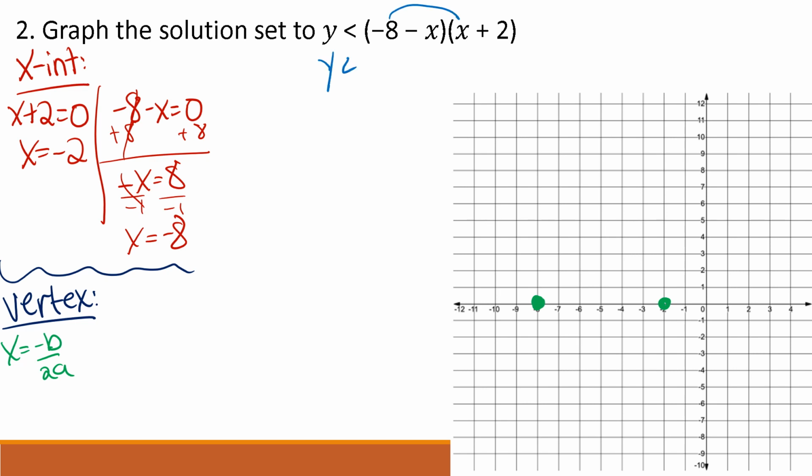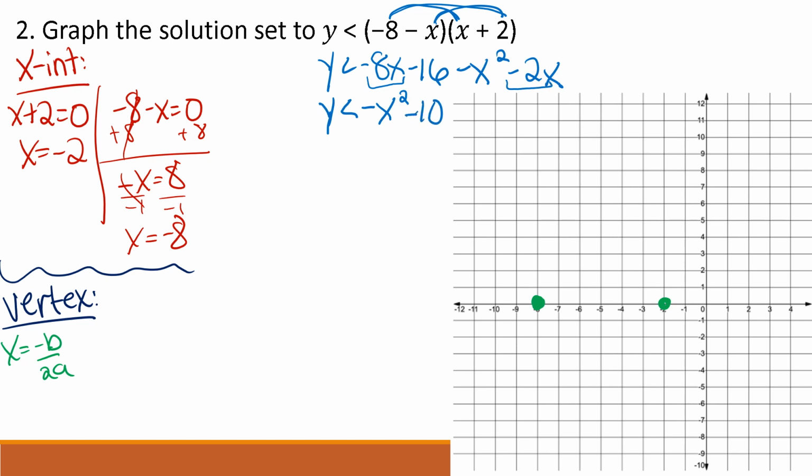We'll do -8 times x, so -8x. -8 times 2, which is -16. -x times x would be -x squared. And then -x times 2 would be -2x. So we want to write it in standard form. The x squared always comes first. So -x squared. And then we could combine the -8x and the -2x to get -10x. And then we got the -16 on the end.